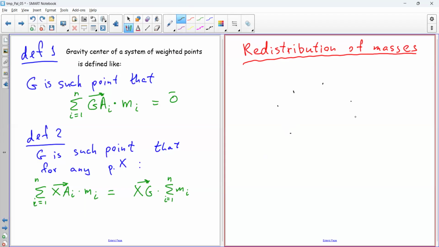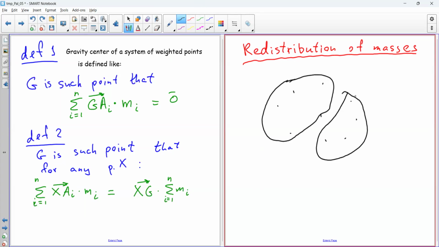So suppose we have a set of weighted points, and the set would be consisting of two groups.